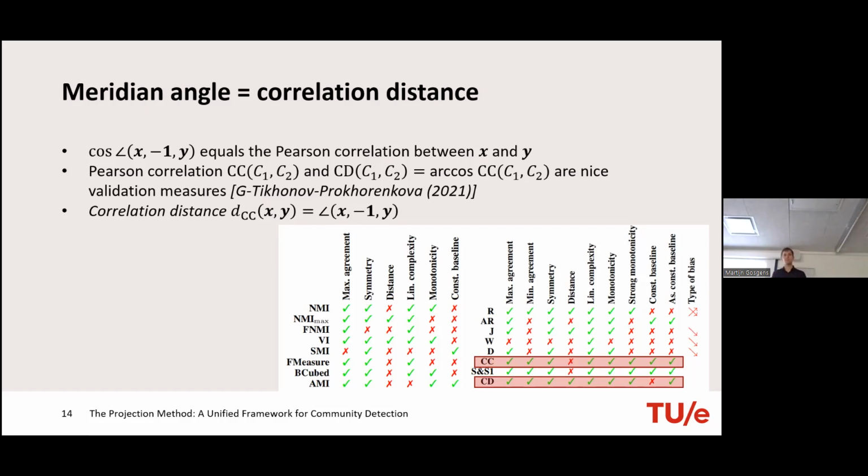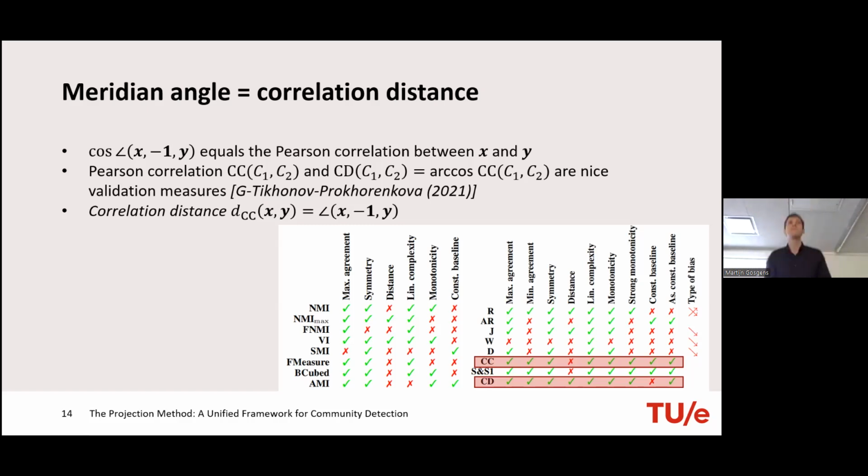Indeed, you could also detect communities by minimizing the correlation distance between this vector and this other thing. That is possible to do, but weird stuff happens, so that's not what we're going to do today.